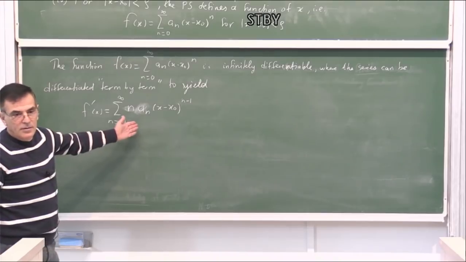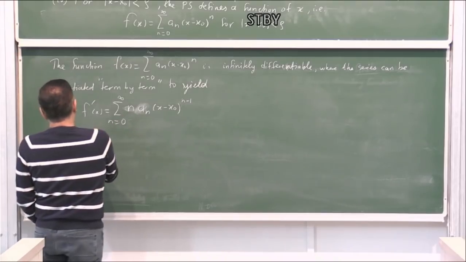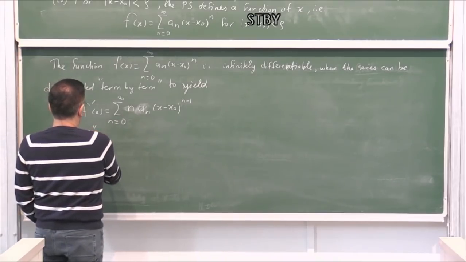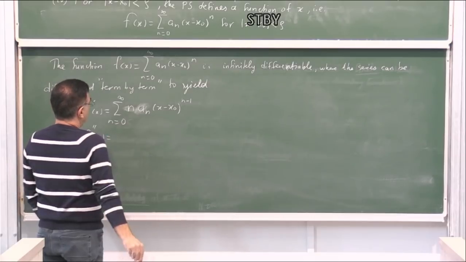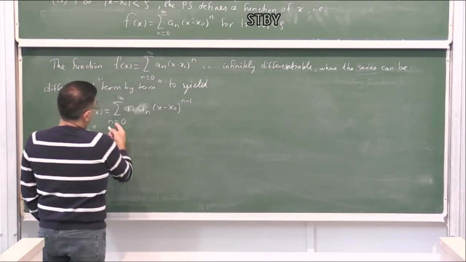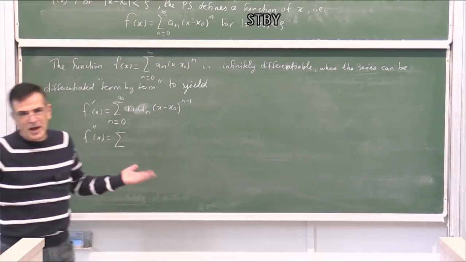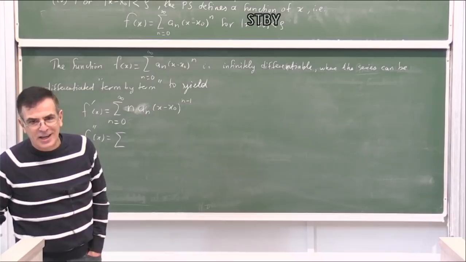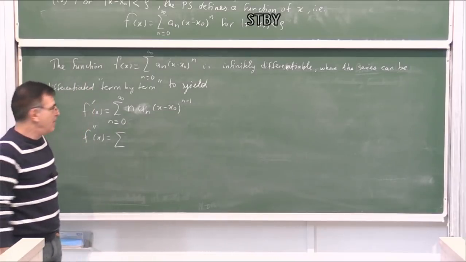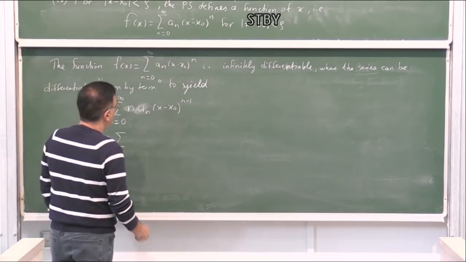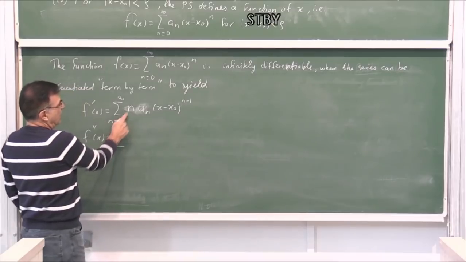Good, or f double prime. No problem if you write 0, starting from 0. Adding 0 to a series doesn't change its sum. When n is 0, we have 0.